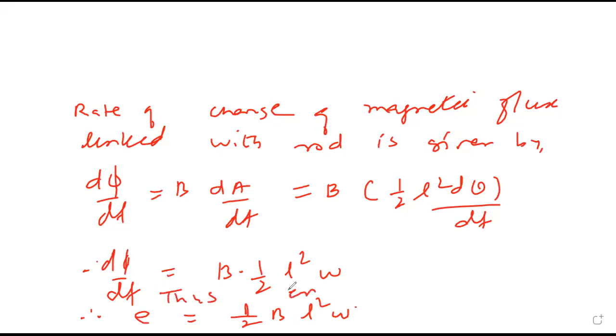Thus, EMF induced, E equal to half B L square omega. So one formula is general d phi by dt.